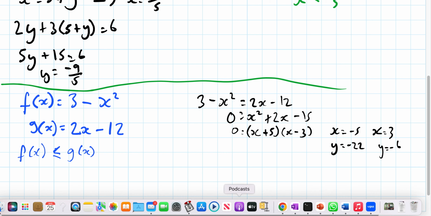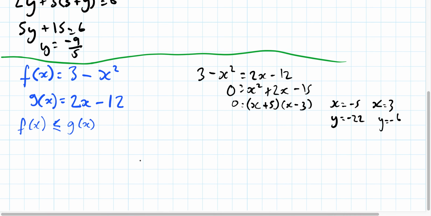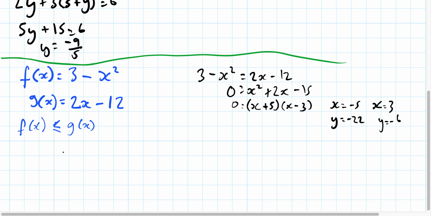Okay, so that's my intersection points, and this graph here is going to look something like this. So let me scroll down a bit. I'm just going to draw a rough sketch again. So we know the top one I'll do in black, and the next one I'll do in red.